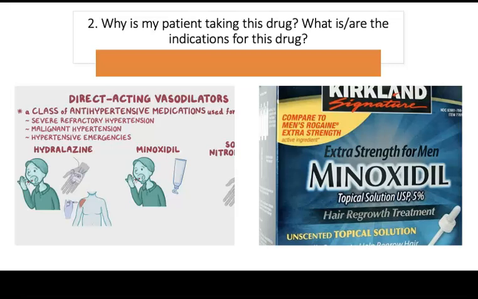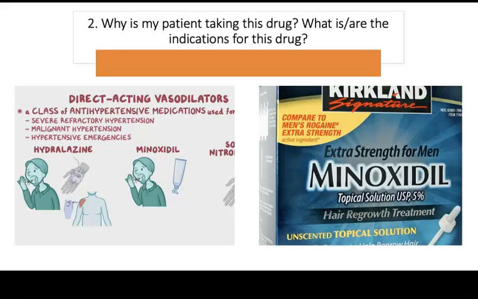So it has really two indications at this point: hypertension control and alopecia control. So be careful about the medications that we're using on patients. Look at the backstory. What is the reason why we are using this medication for our patients?